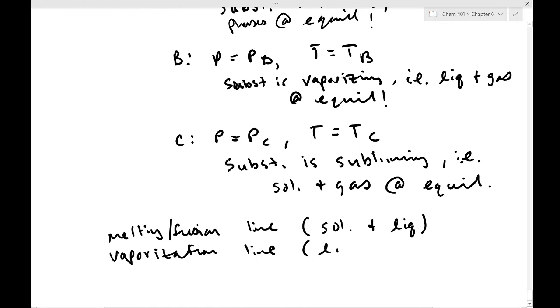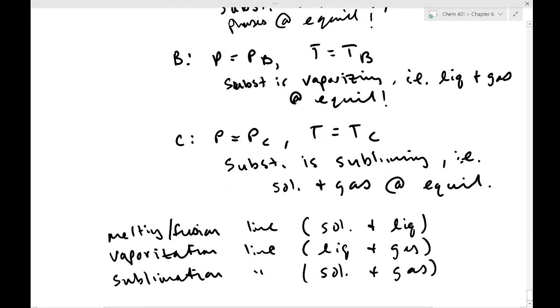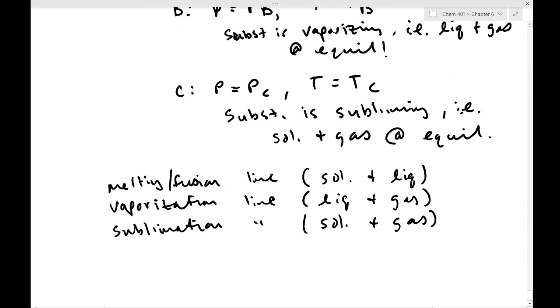This is where a liquid and a gas are at equilibrium. And we have the sublimation line, where a solid and a gas are at equilibrium. Next, we have the triple point. This is where solid, liquid, and gas are at equilibrium.